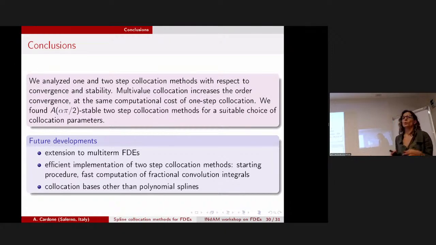That is, we have to adopt a suitable starting procedure, and moreover, we can adopt a fast computational fractional convolution, which is known from the literature, and even use other bases with respect to the polynomial ones. And thank you for your attention.